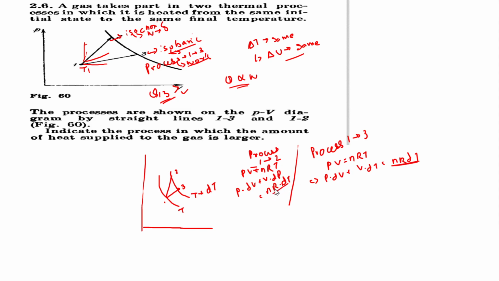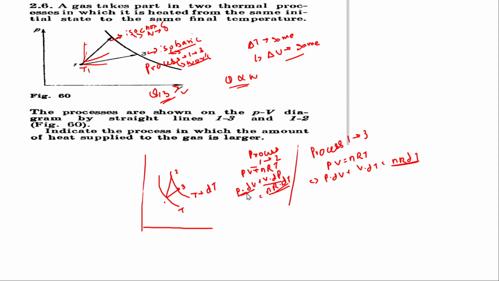What we are left with is these two quantities: in the first case, PdV is going to be more and VdP will be less, or VdP will be more and PdV will be less, but the net summation is going to yield a constant value, that is nRdT.